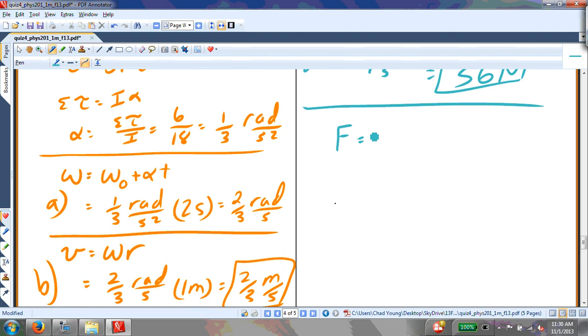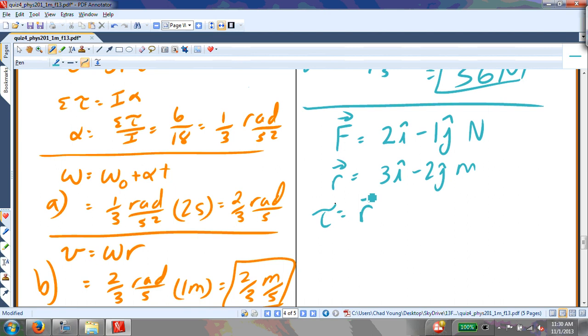Let's say that my force is, I don't know, 2i newtons minus 1j. And let's say that this acts at a moment arm equal to 3i minus 2j meters. And I want to know what is the torque.